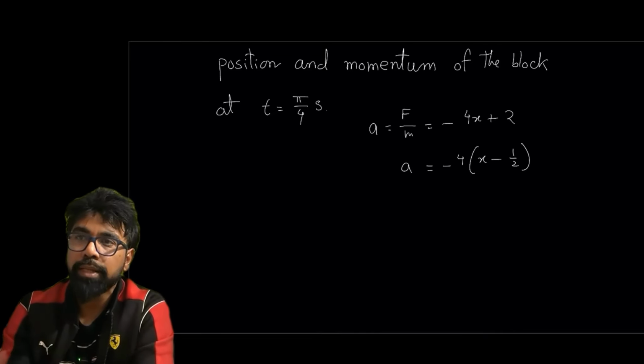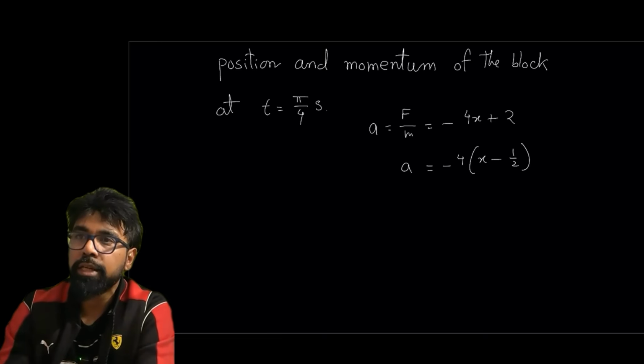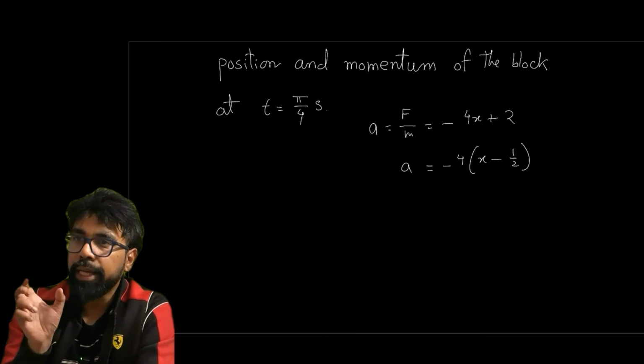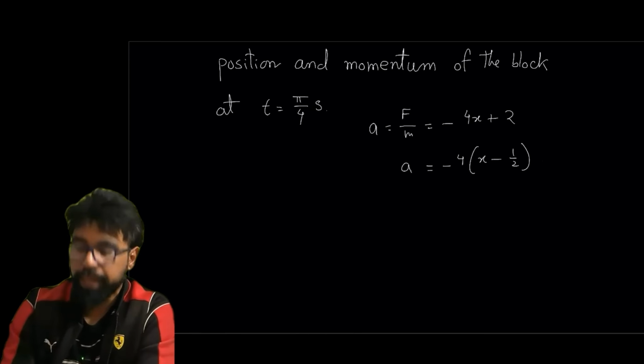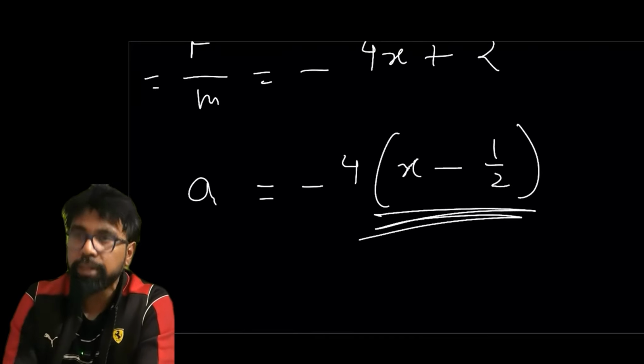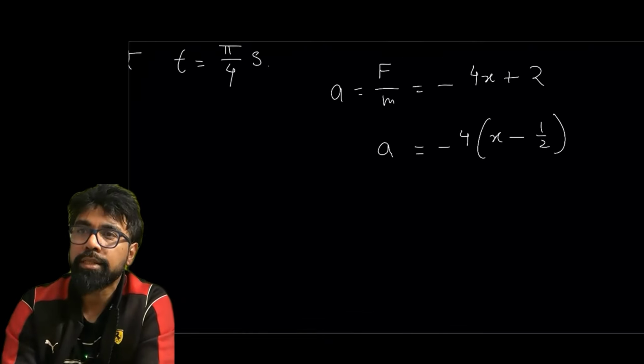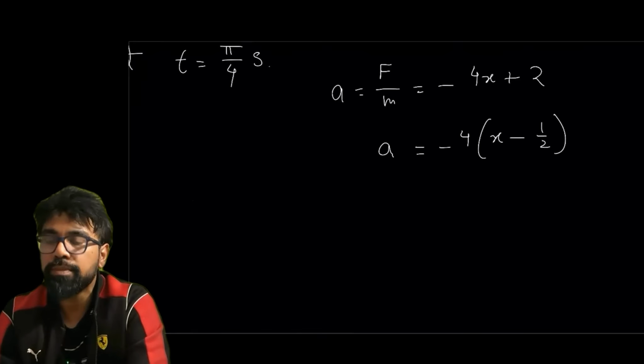So whenever we get x plus or minus a constant, remember that the first bracket term, here x - 1/2, is taken as the new variable, the new displacement.